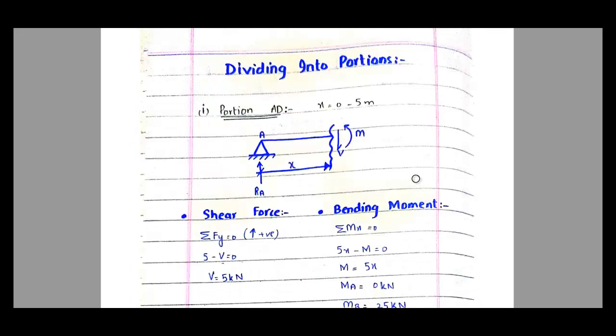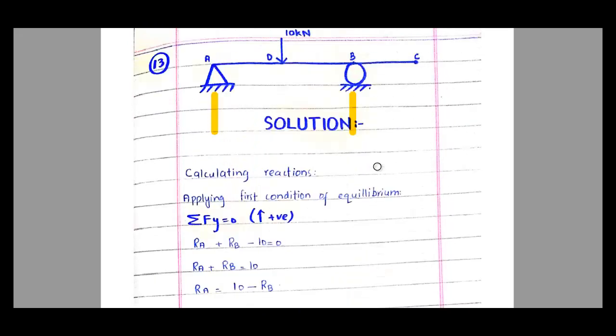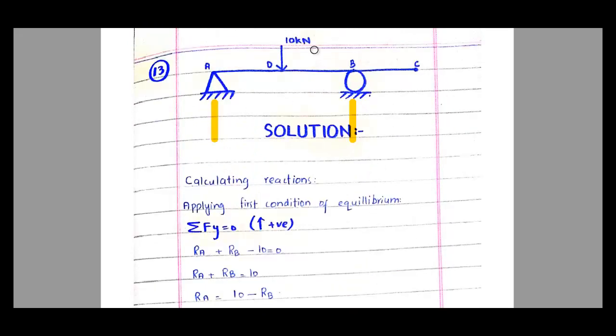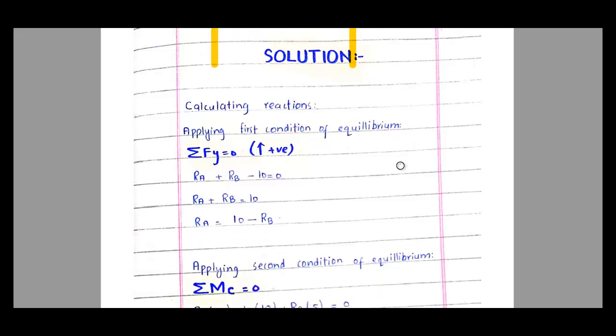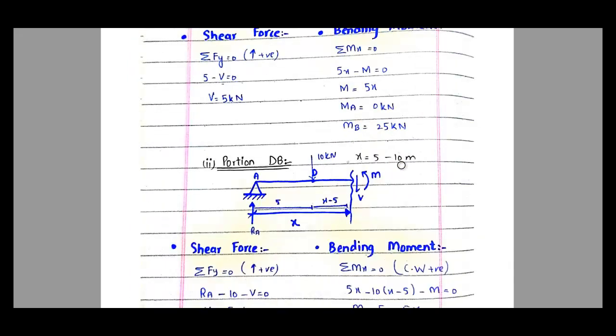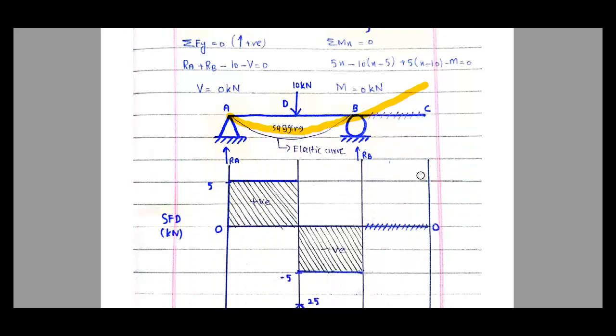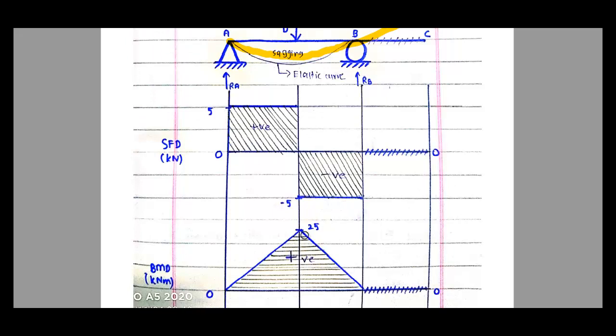Then the portions: there should be 3 portions, I would say, AD, DB and BC. For all the portions, the shear force and bending moment values have been calculated, with RA, RB as 5, minus 5, and this 25.